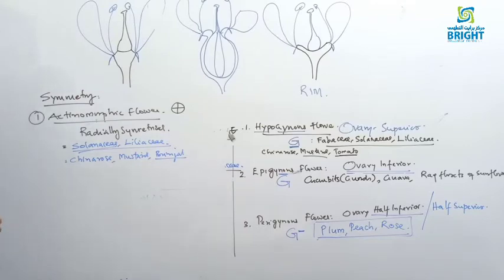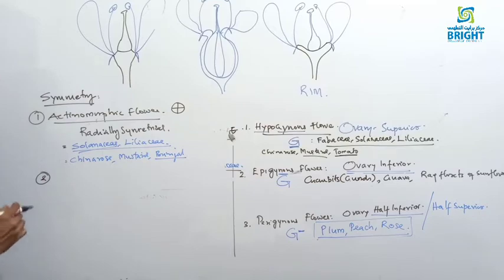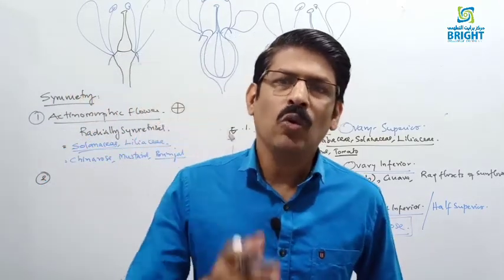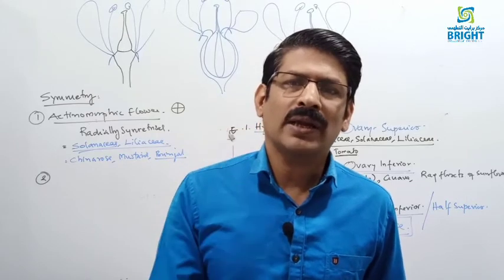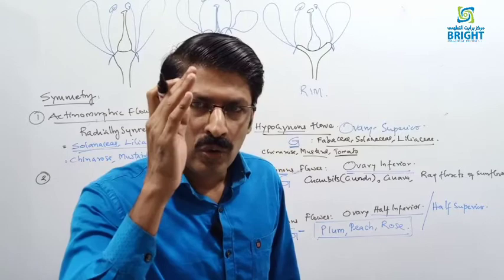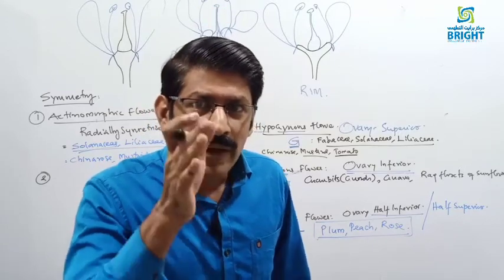And the second type of flower on the basis of symmetry is where the flower can be divided into 2 equal halves only through one particular vertical radial plane.